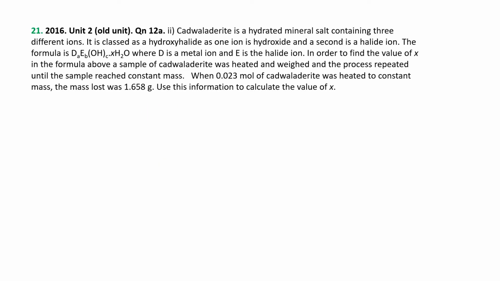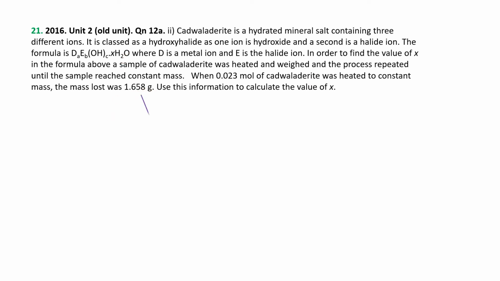This is actually the same problem with this cadwaladerite, because here we have this big messy stuff that's got D, which is a metal ion, E, which is a halide, hydroxides. Don't really care about that here. What we do care about is we got X waters associated with it. And so jumping through the process, 0.023 moles of cadwaladerite heated to constant mass. The mass loss was 1.658 grams.